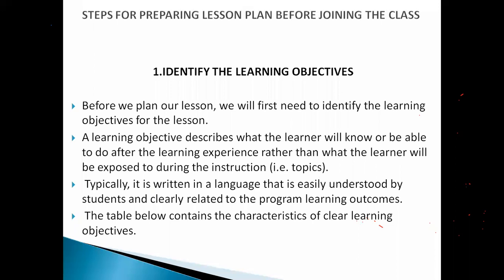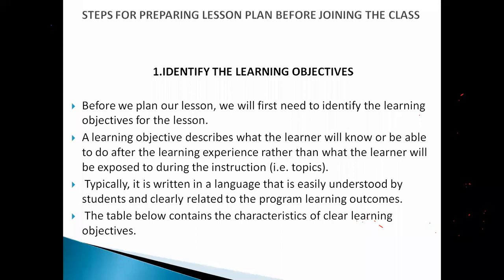Our learning objectives describe what the learner will know or be able to do after the learning experience, rather than what the learner will be exposed to during the instruction or topics. Right? So the learner must be clear about what they are going to study, and what their learning experience should be with the learning objectives.